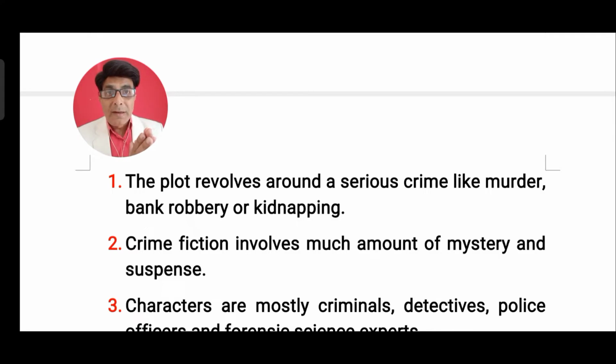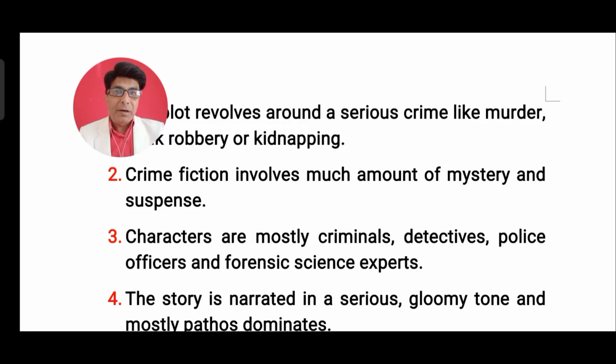So the story revolves around events like robbery, kidnapping, murder, and such crimes. Crime fiction also involves a large amount of mystery and suspense. Suspense and mystery make this novel very interesting. They catch our attention till the last page of the novel.